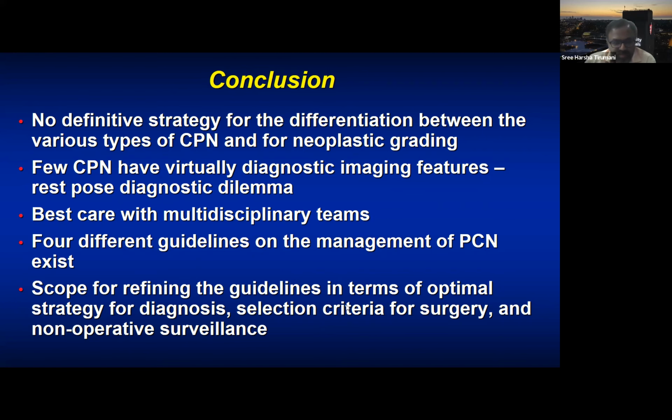As I said, they come with a price tag, so we should be careful of what we are choosing. And because of this complexity in the various guidelines, there is always scope for improvement. So in the future, there is a chance that we might further refine these classifications.